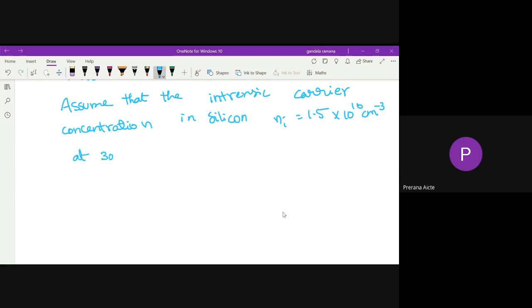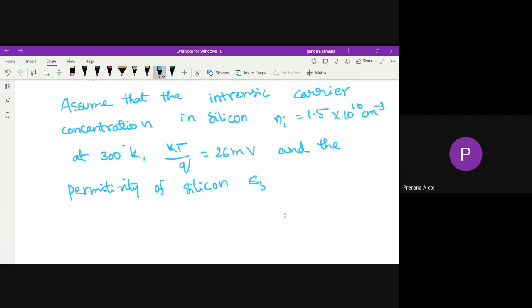At 300 degrees Kelvin, kT by Q is 26 millivolts, and the permittivity of silicon is 1.04 into 10 power minus 12.